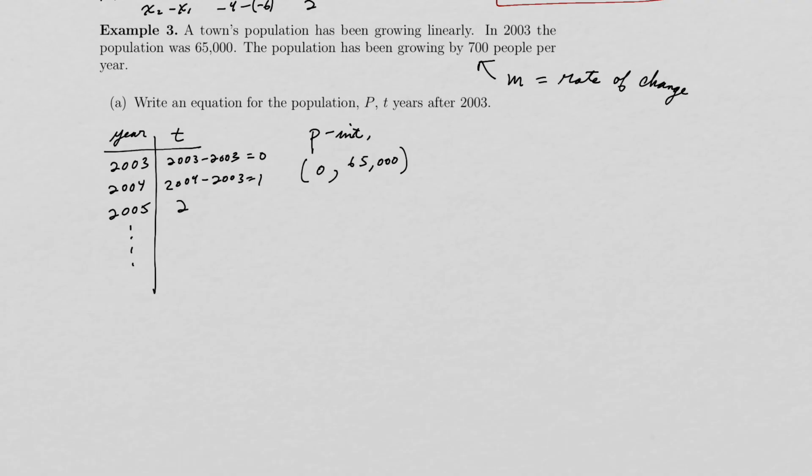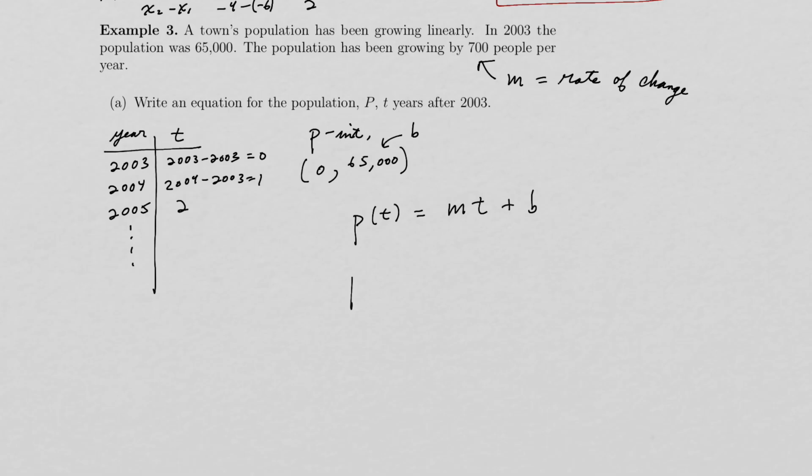So now I can write the formula, right? In general, P of t is equal to m, instead of x, we're using t now, plus b. Well, we know b is the 65,000. And we know m is the average rate of change, the 700 people per year.